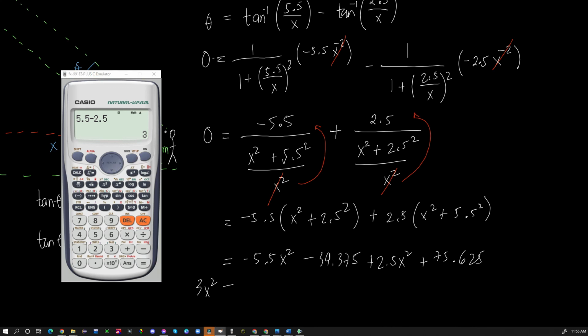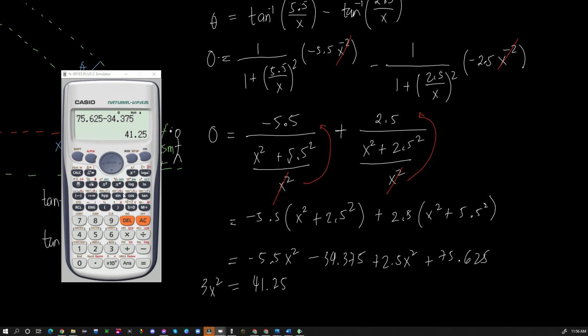Naatay 3x squared is equal to 75.625 minus 34.375, 41.25. Then, natay x nga square root, divide 3. Then, square root. 3.708. Natay x is equal to 3.708 meters.